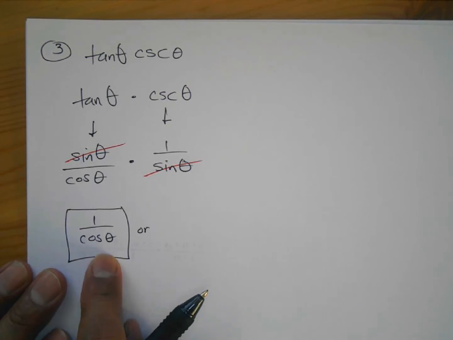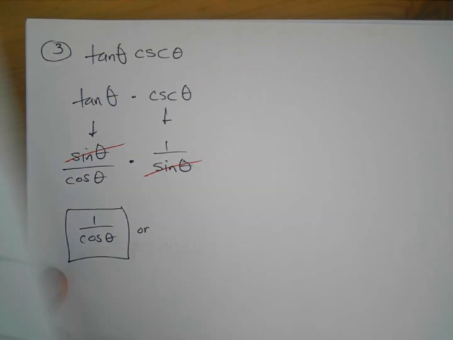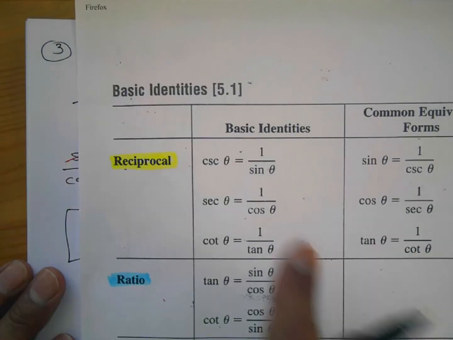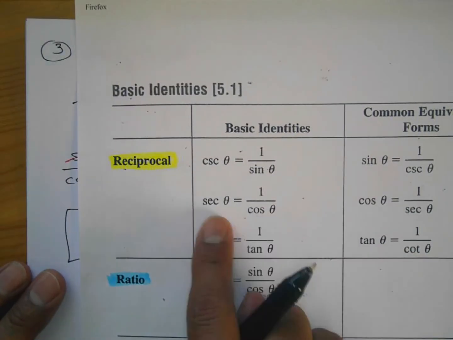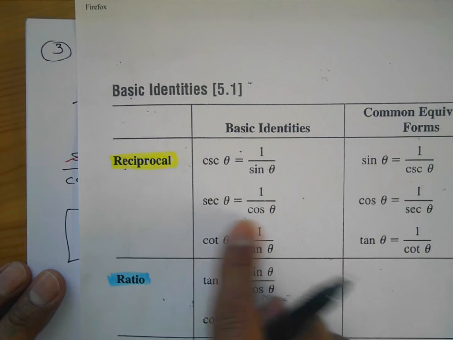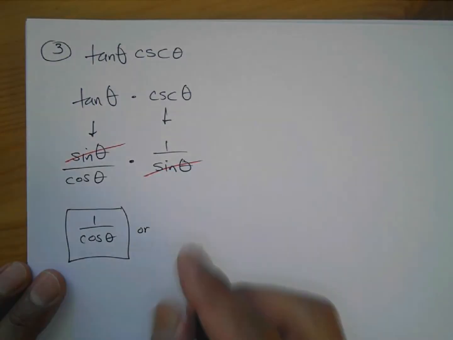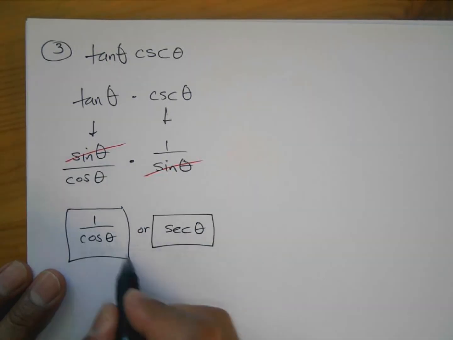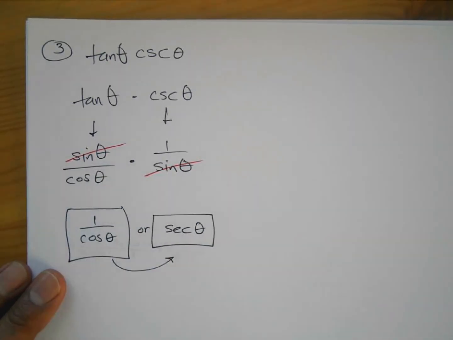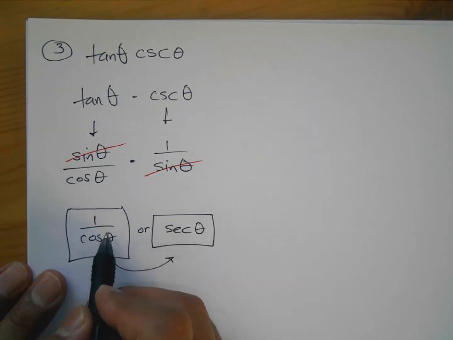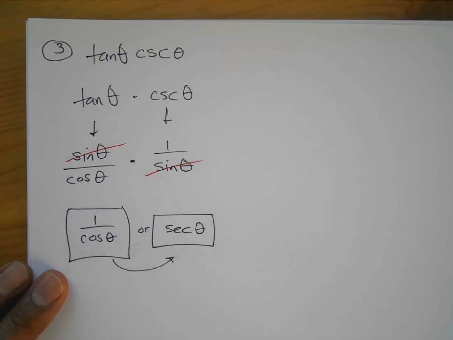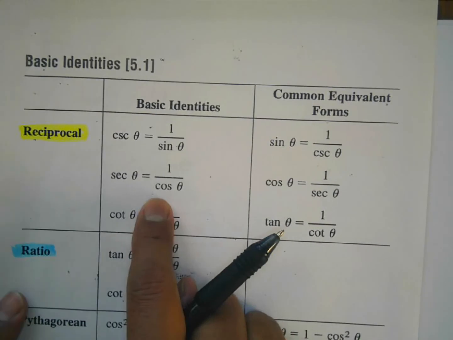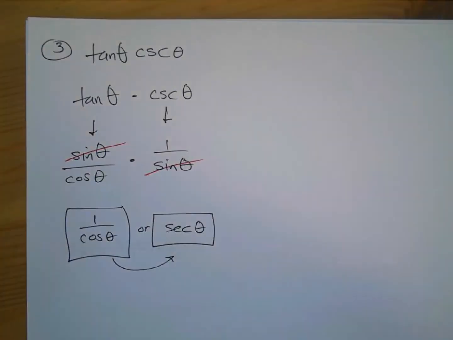Because 1 over cosine is the same as secant, from the identities. Remember, cosine over 1 by itself is just cosine, but 1 over cosine is secant.